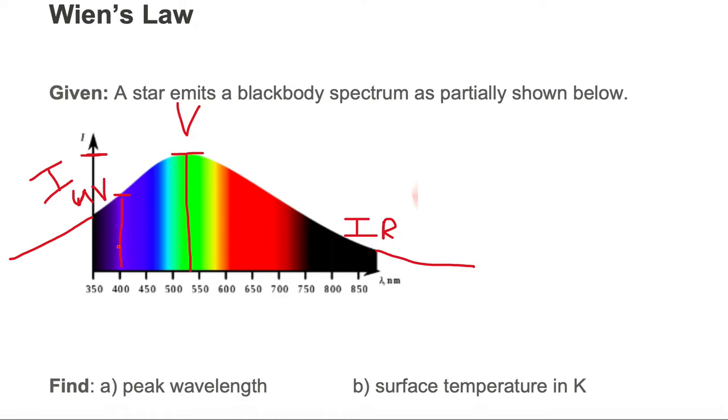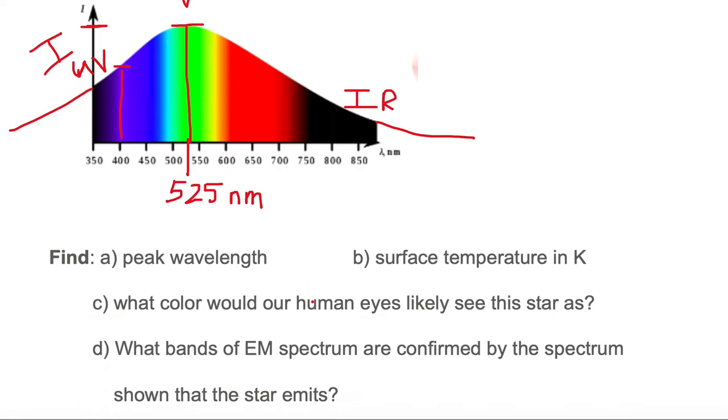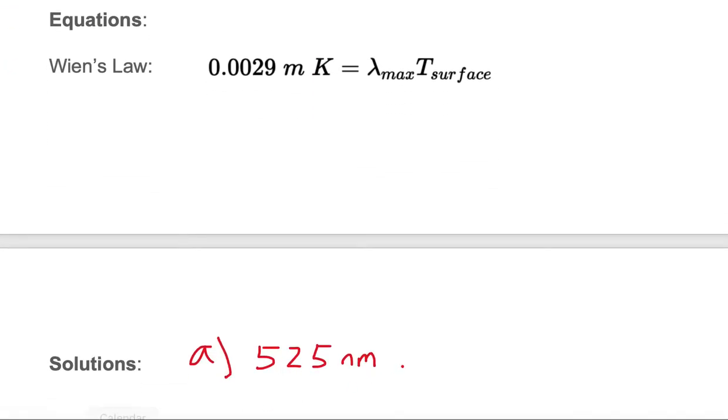So the peak occurs in the color green. To find the peak wavelength, we draw a line down and label it based on the graph, and it's about 525 nanometers. So the answer to the first question, what is the peak wavelength, is about 525 nanometers. I put that in the solution section.